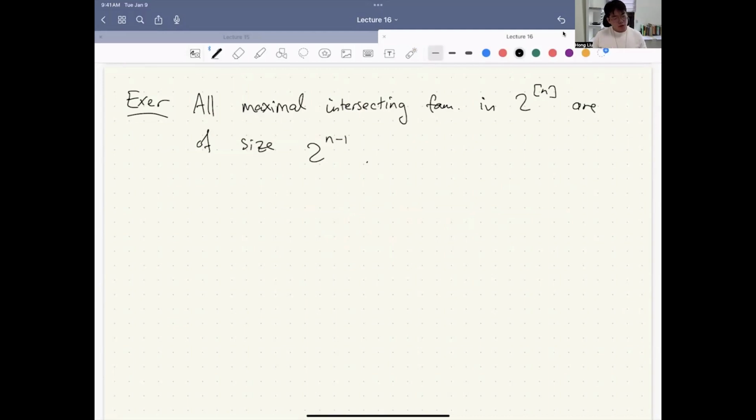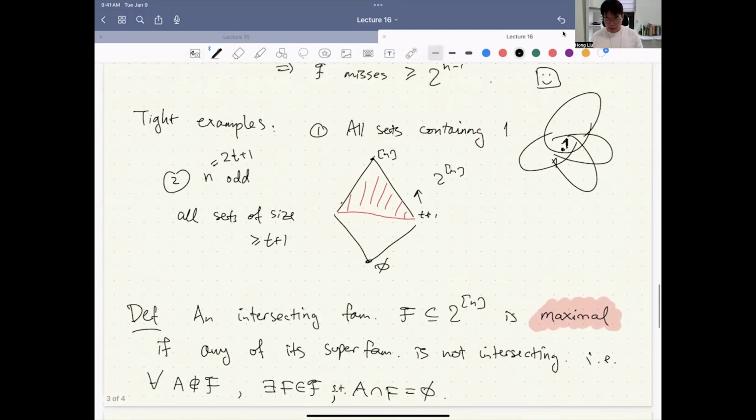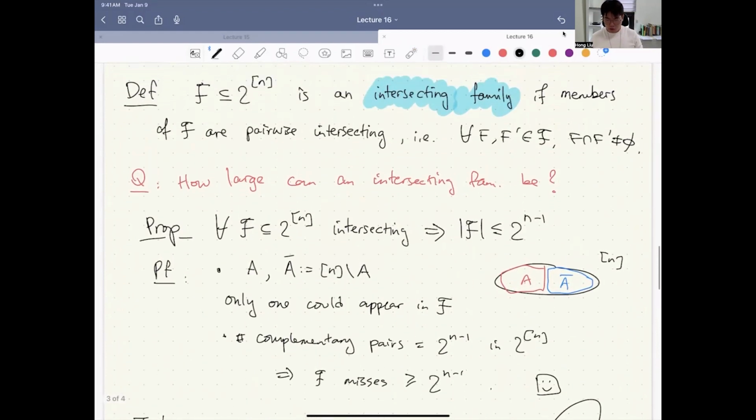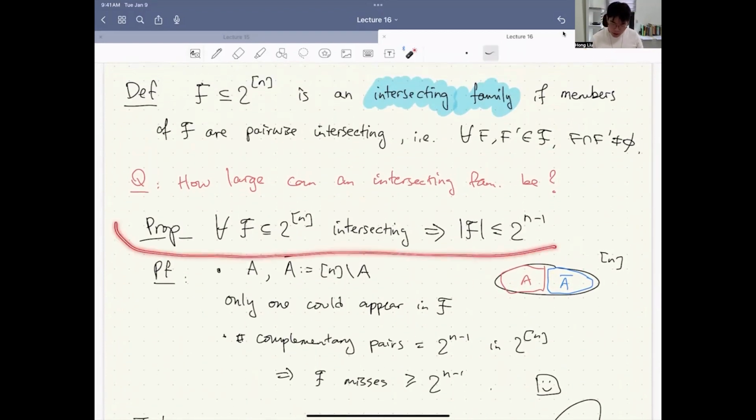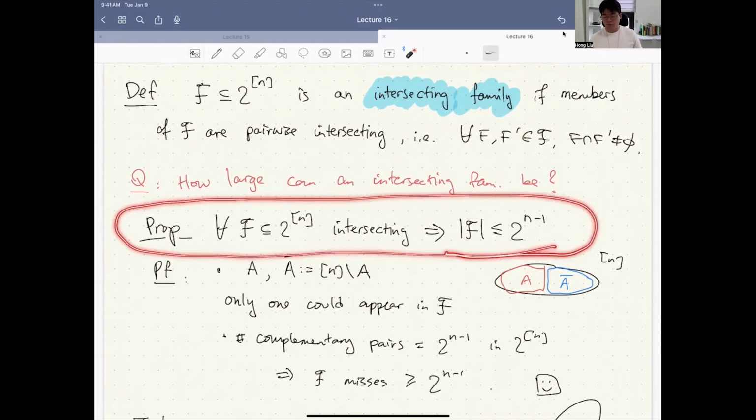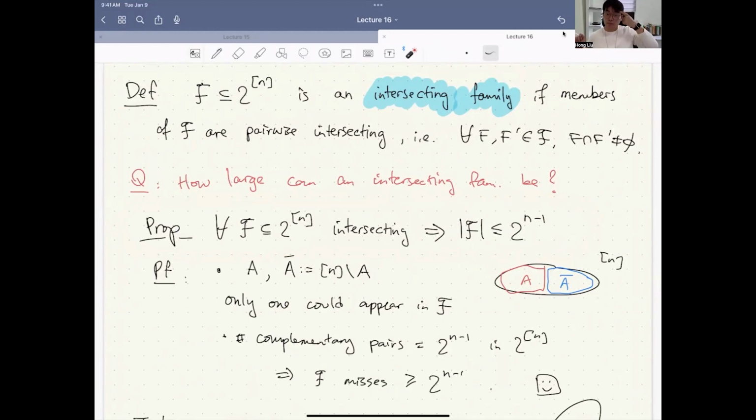So now we have answered the question of the size of the largest intersecting family. What if we have two intersecting families, F1 and F2? They are both intersecting. Now we are asking what's the size of the union of them, maximizing the union.